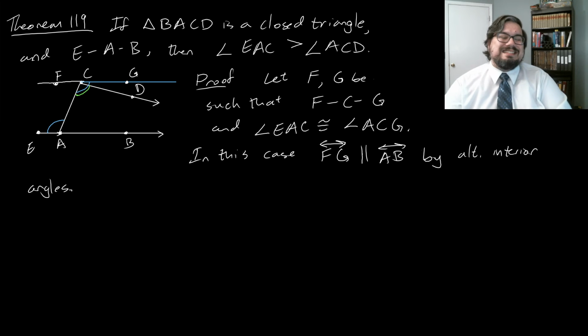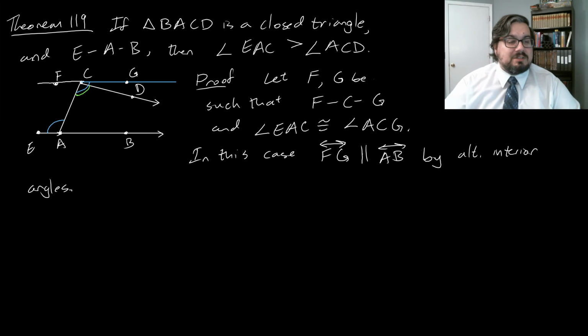The line AC is a transversal to the lines AB and FG.